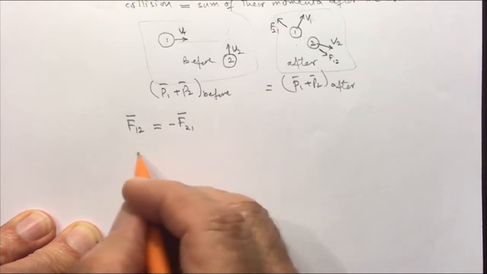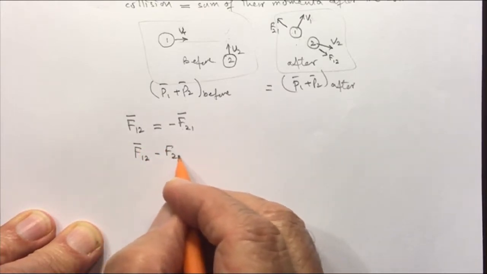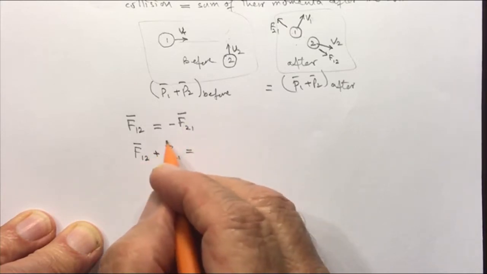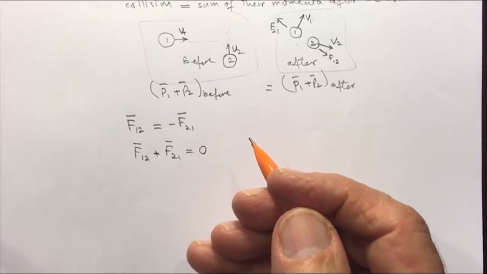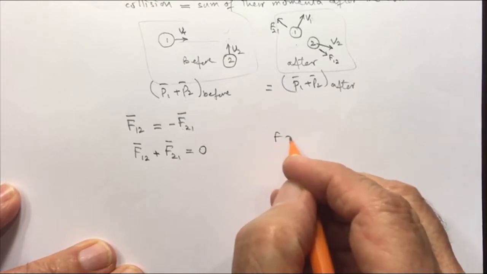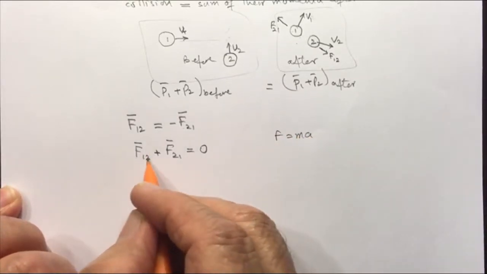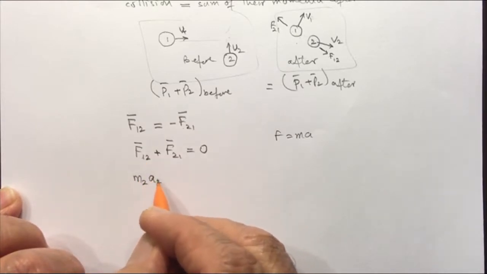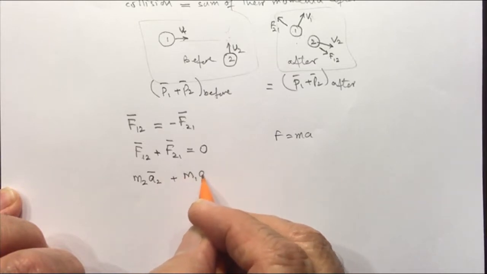Now we can rewrite this equation as F12 plus F21 equals 0, and knowing F equals ma, this is the force on 2 exerted by 1, so it's going to be m2 a2, and this is going to be m1 a1.